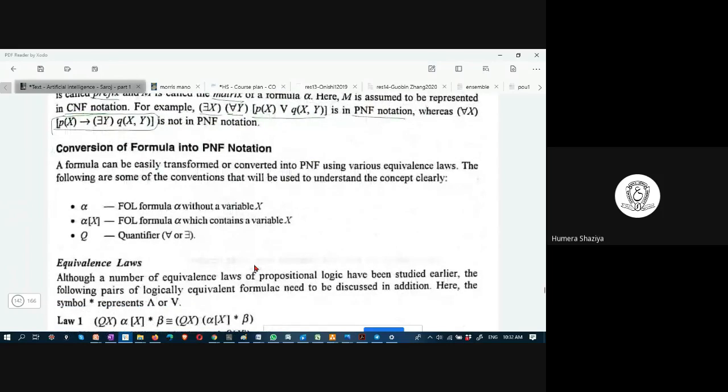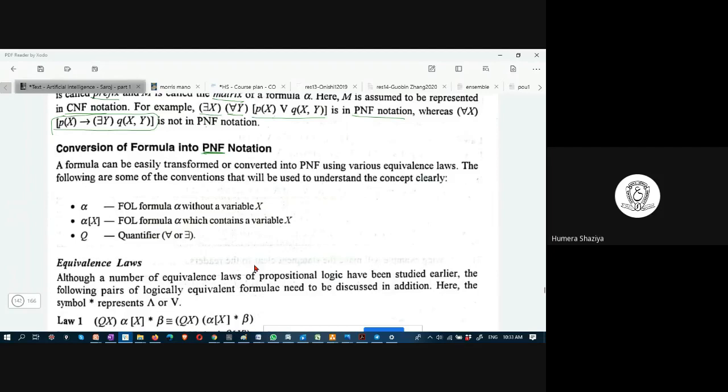Conversion of a formula into PNF notation. When a formula is not in PNF notation, it can be converted into PNF notation. How can it be converted? By applying these equivalence laws.